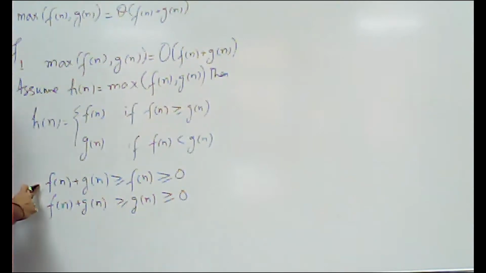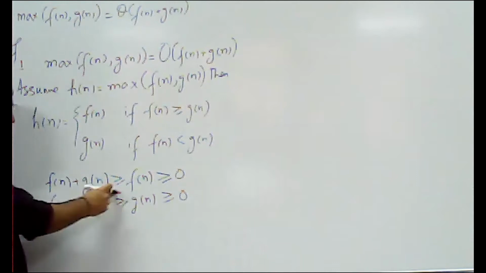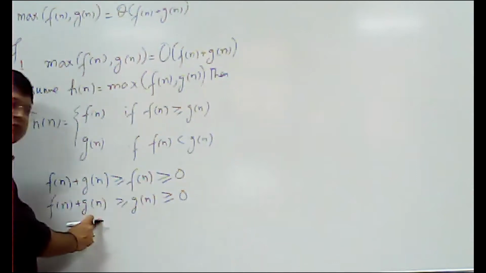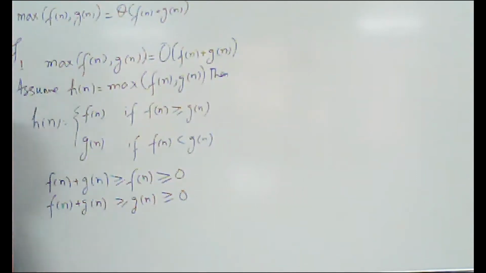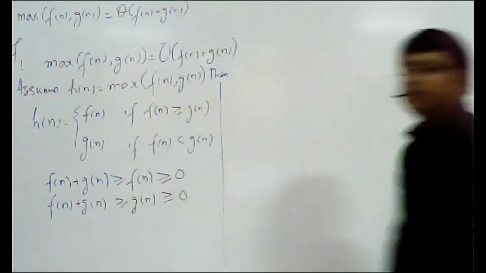Getting my point? Suppose there are two functions with values 2 and 3. So 2 plus 3 will obviously be greater than 2, and 2 plus 3 will obviously be greater than 3 also. So f(n) plus g(n) is greater than or equal to f(n), and also greater than or equal to g(n).